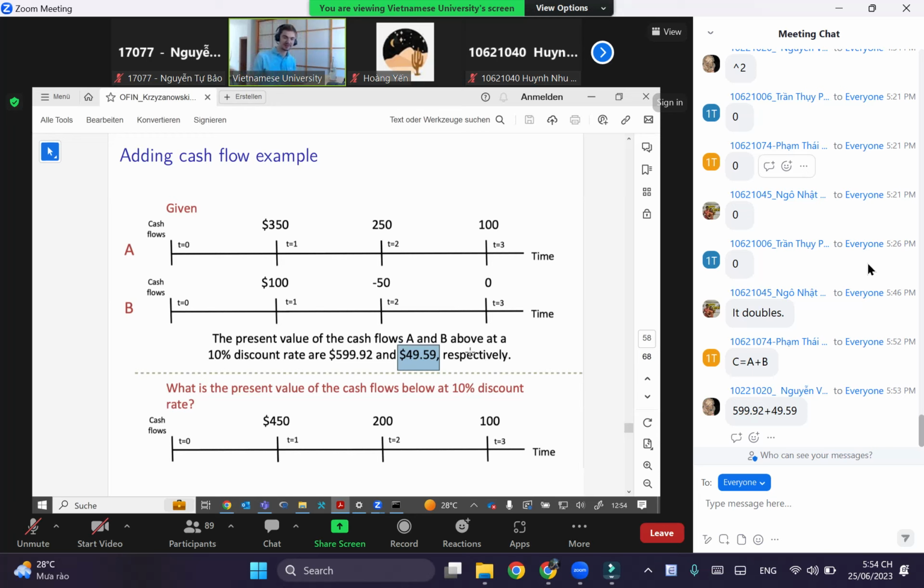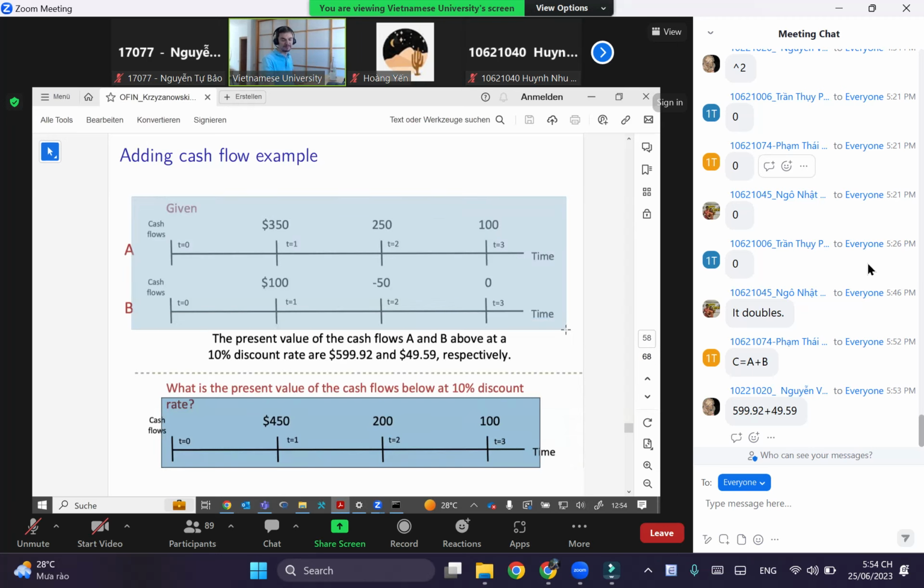And in the end, the investment opportunity C is nothing else than the sum of investment opportunity A plus investment opportunity B. So it wouldn't matter if you invested in A and B, or if you invested directly in another investment opportunity C, which mirrors exactly what A and B are about.